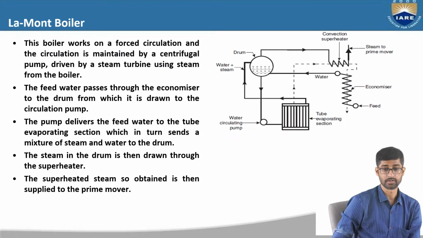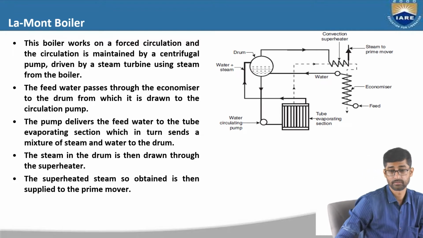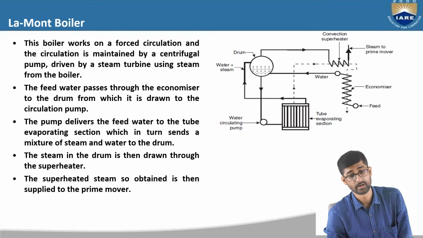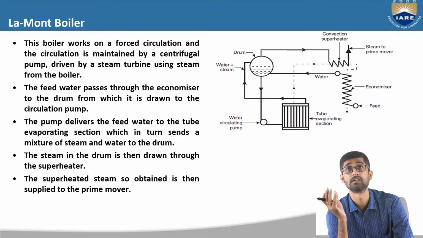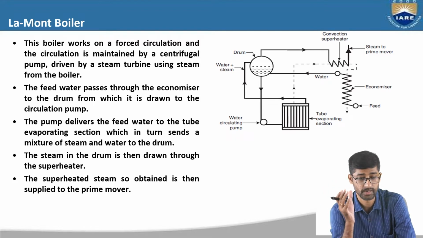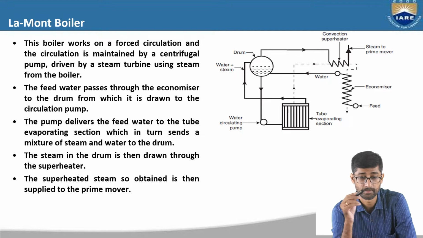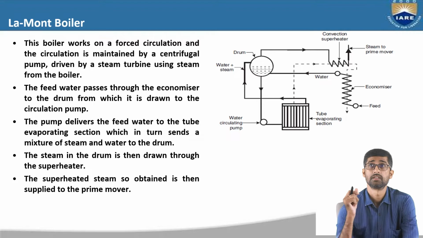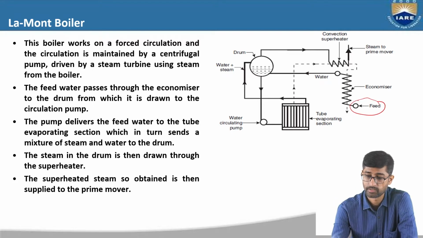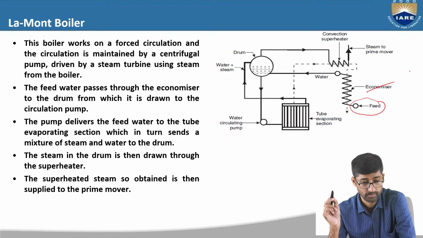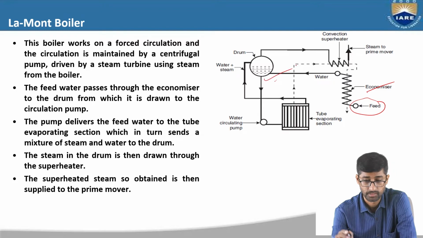Next boiler is the La-Mont boiler. This La-Mont boiler is a high pressure boiler, one type of forced circulation boiler, and the circulation is maintained by a centrifugal pump driven by a steam turbine using steam from the boiler. If you see, this is the feed water, where the water passes through this economizer to the drum.